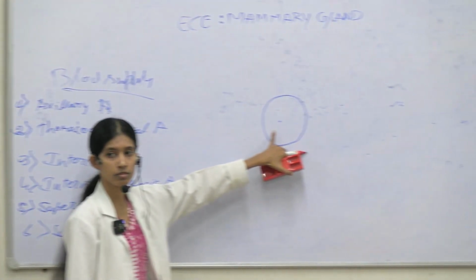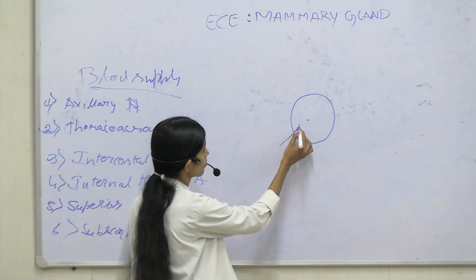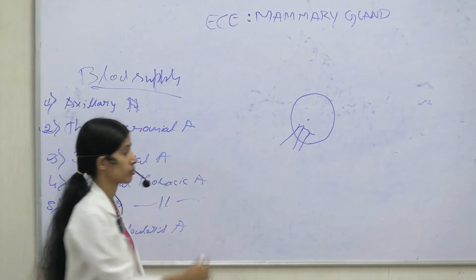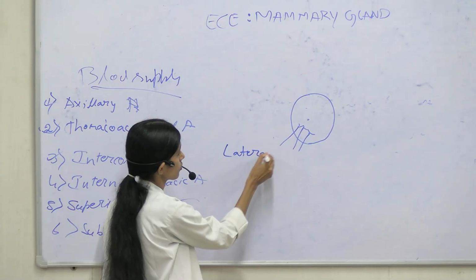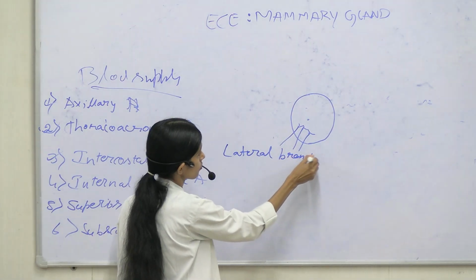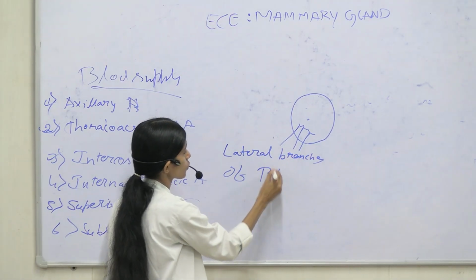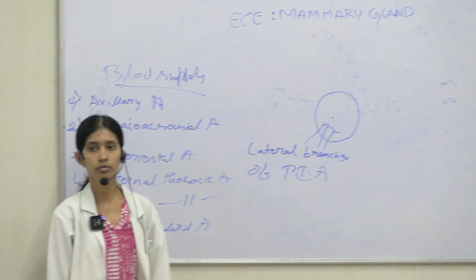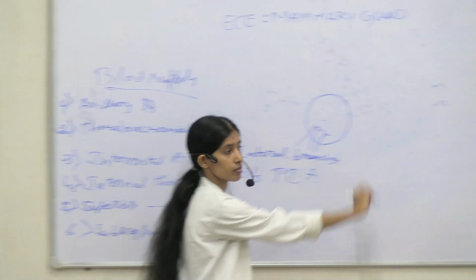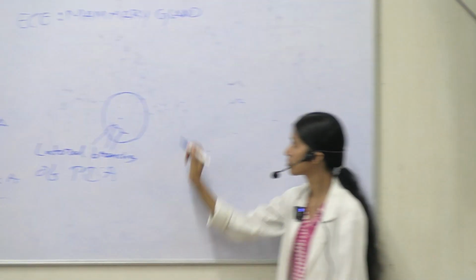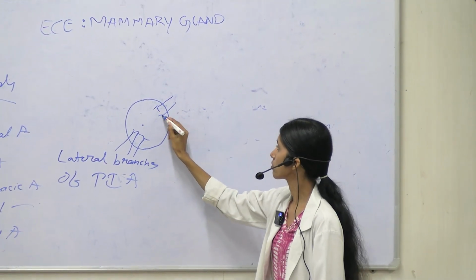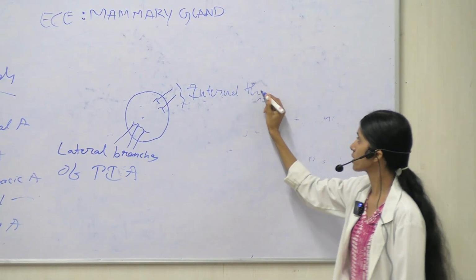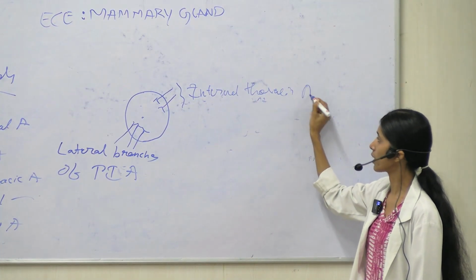This part? Okay. This is the lateral branches of the posterior intercostal artery. Next, this side. Okay. This is the internal thoracic artery.